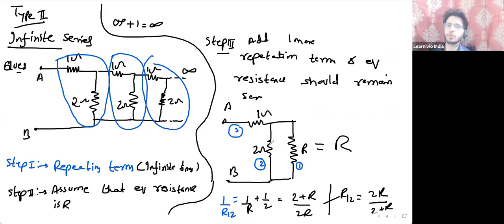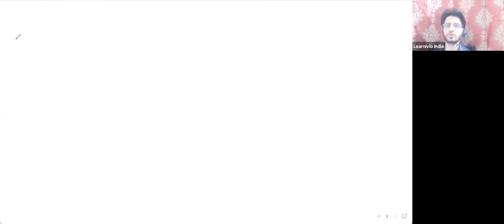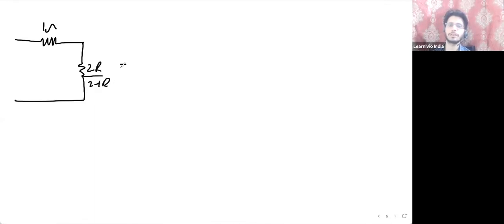Now, instead of these two, I can write 2R by 2 plus R. So the circuit reduced to 1 ohm in series with 2R by 2 plus R, and the total is equal to R. How are these two connected? Series.